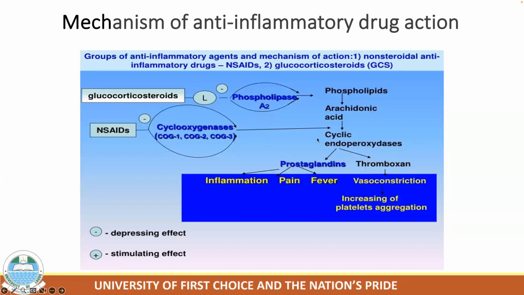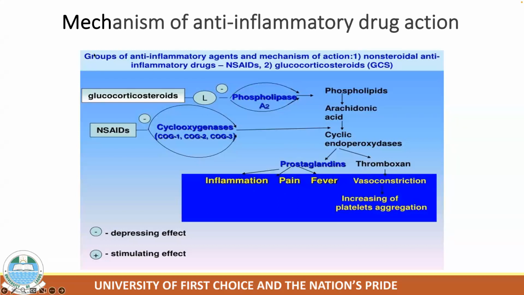When cyclic endoperoxides are formed, they break down to form prostaglandins and thromboxane. These are the substrates that promote inflammation, the swelling you feel, the pain experienced, and the fever or thermal dysregulation that happens, okay? Meanwhile, on the thromboxane side, there's vasoconstriction and increased platelet aggregation.